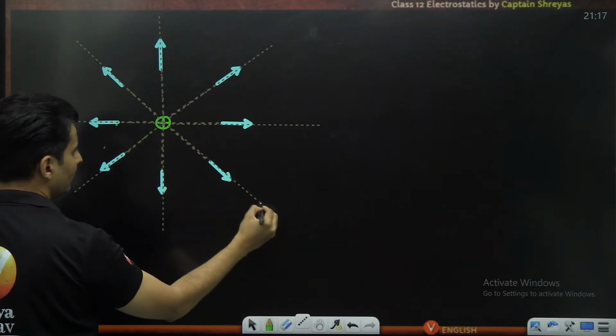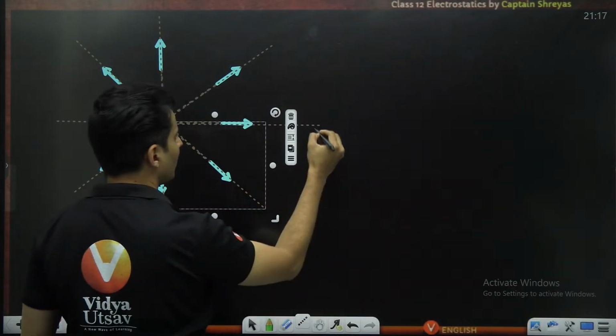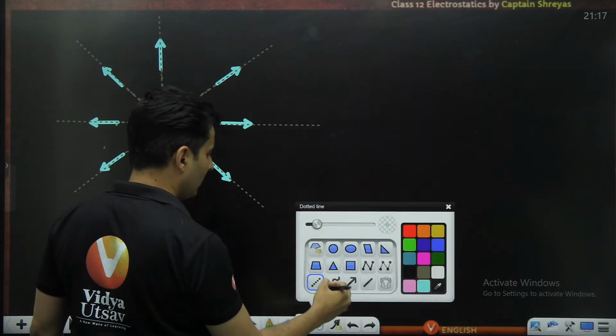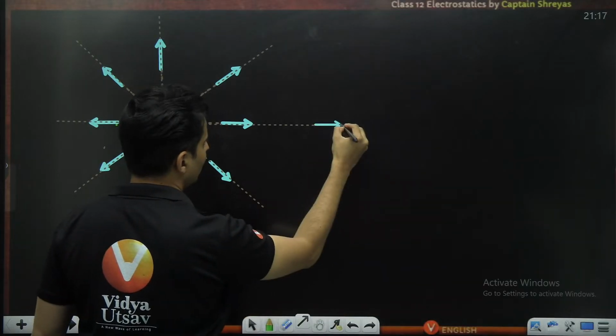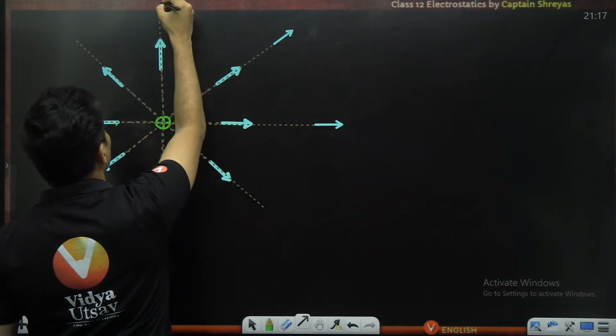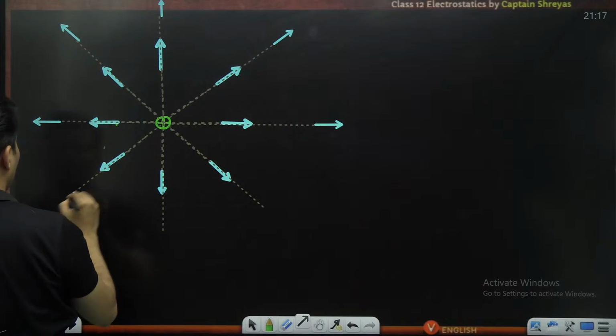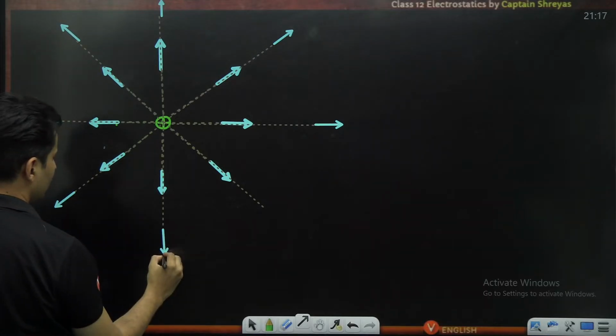And you will see maybe the field will not be as strong as before, but it will be there in equal amounts. So maybe it will be like this, like this, and like this.